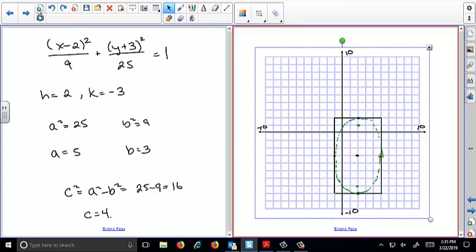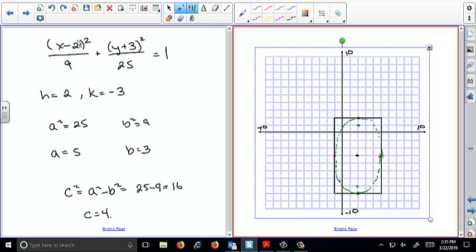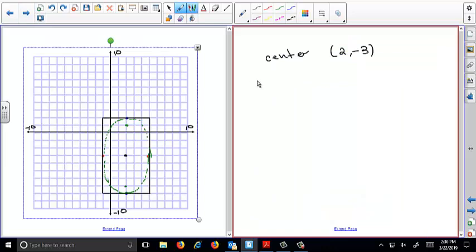So now, what can we say? Well, we can say the center is 2, negative 3. That corresponded to 2, negative 3 from the equation standard form. The vertices are the ones along the major axis.